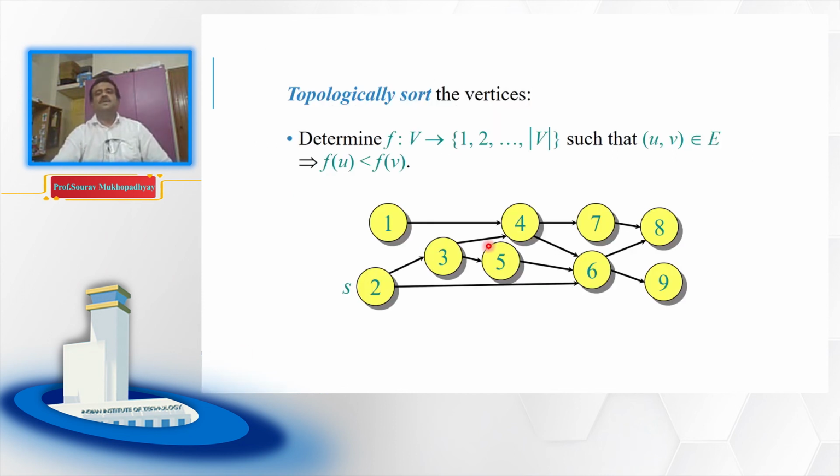So, let us recap what we mean by topological sorting. Basically we need to give a numbering of the vertices, say there are n vertices.